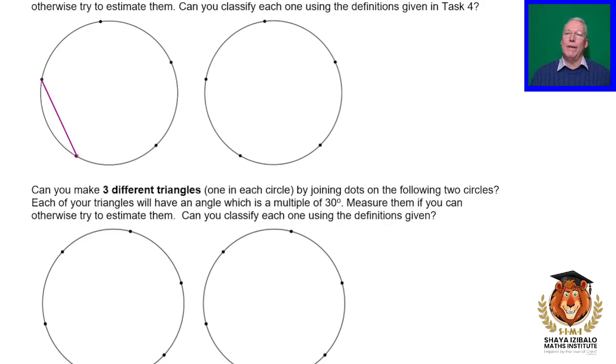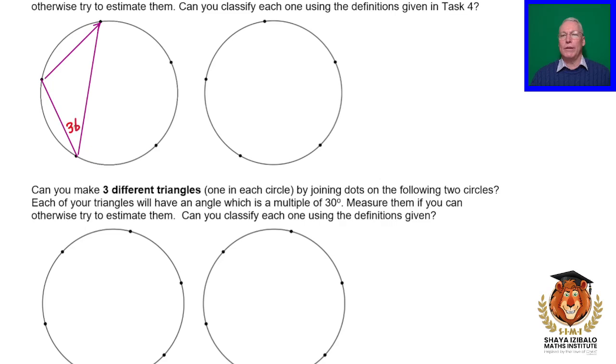And once we've done that, then we could join maybe to those two dots. I just need to redraw that line. There we go, that one and that one. It says, see if you can estimate the angles. And in fact, the angles are going to be multiples of 36.